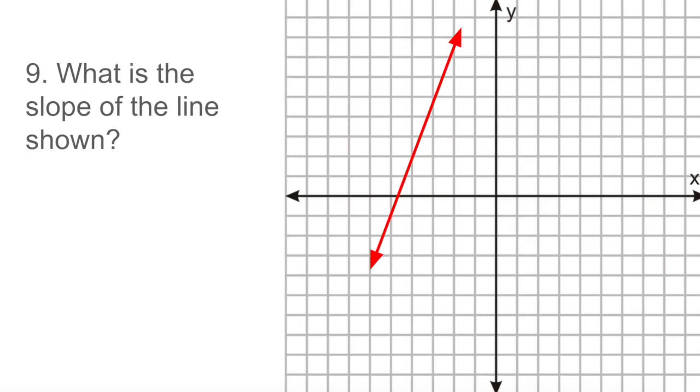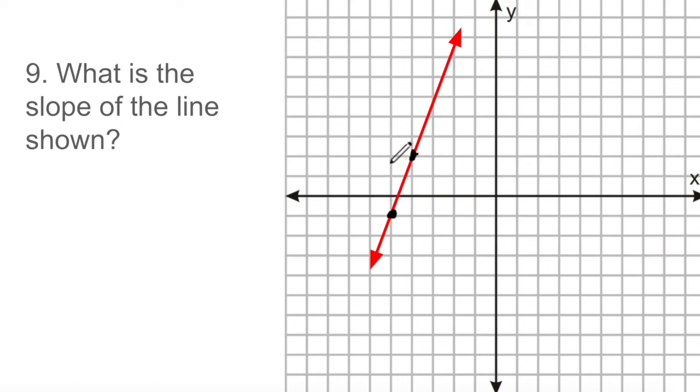Problem number 9. So what is the slope of the line shown? Again, we just want to find 2 points here where our line intersects our grid. So here's one, and let's see, where's another one? Here. Okay. So we got 2 points. Let's see, what's the rise over run of those? So the rise from this point to that point is 1, 2, 3.